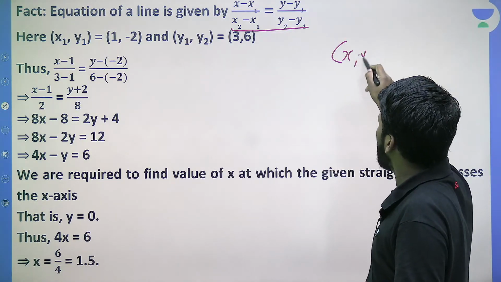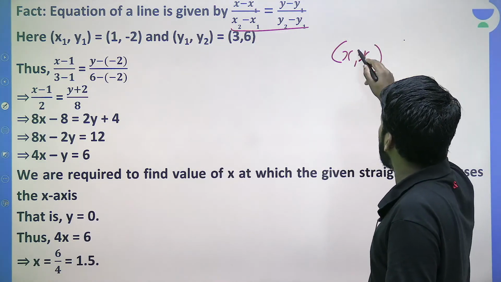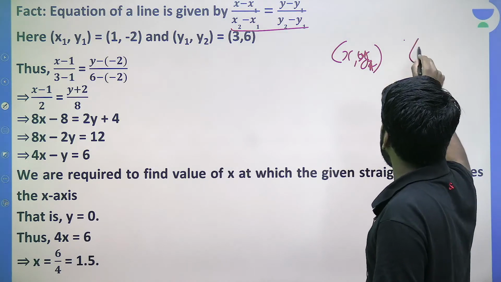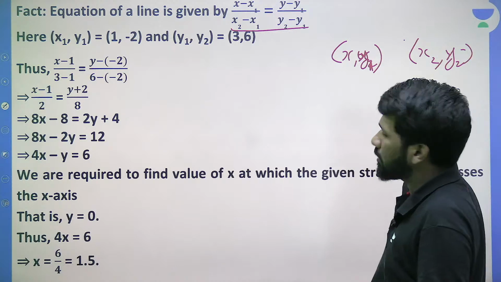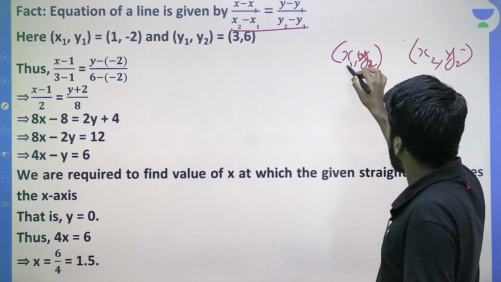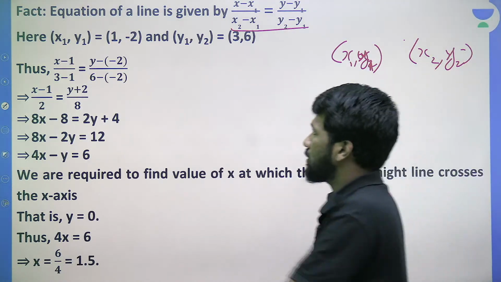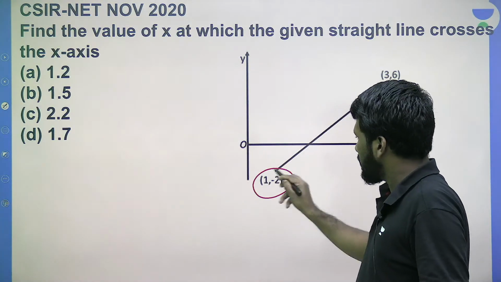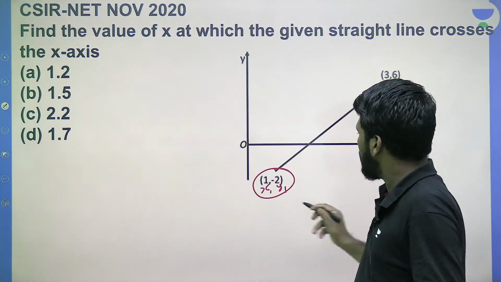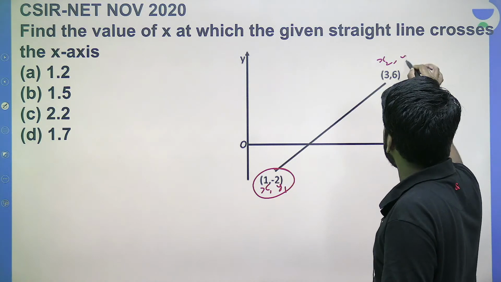Like we discussed in the previous questions, x1 y1 is the first point, x2 y2 is the second point, or the origin point and the final point. That means in this case x1 y1 is this, and this is x2 y2.